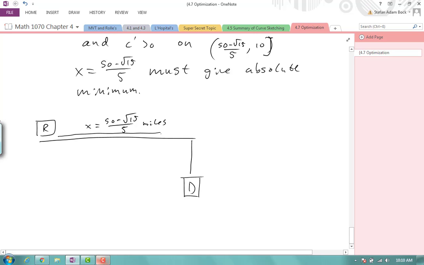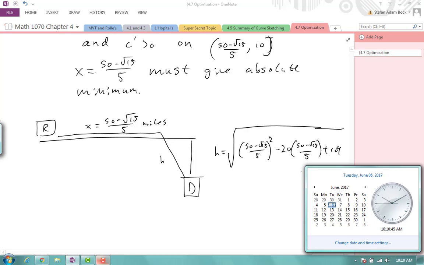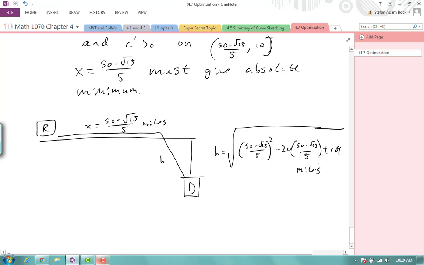And then I'll switch to underwater pipe for the remainder of that distance, where h is equal to the square root of ((50 minus root 15) over 5) squared minus 20 times (50 minus root 15) over 5 plus 109 miles. Lovely number. But it's entirely possible that one of my solutions could have landed on an endpoint.